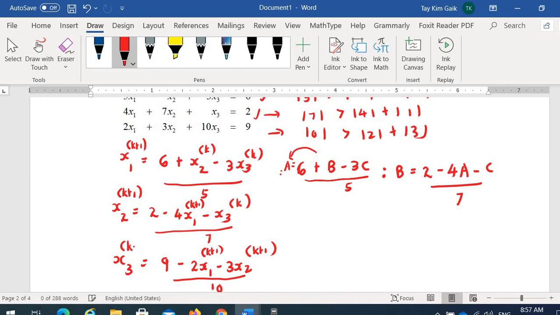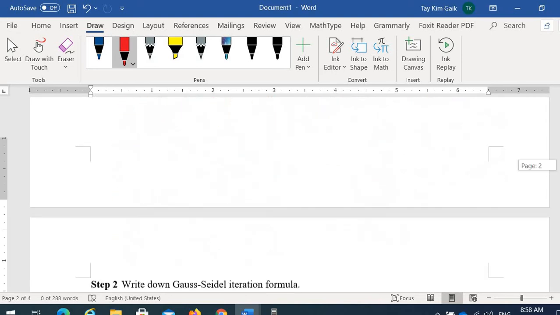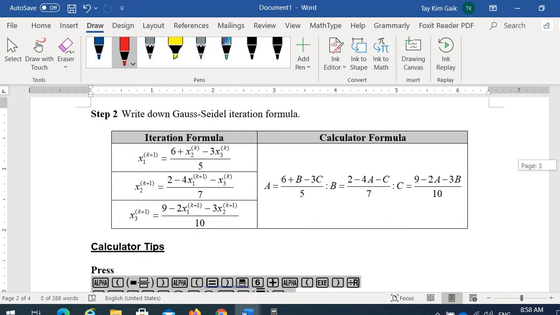So x3 k plus 1. So colon, C equal 9 minus 2 times x1 k plus 1 stored in A, minus 3 times x2 k plus 1 stored in B, so divided by 10. So this is the formula here.